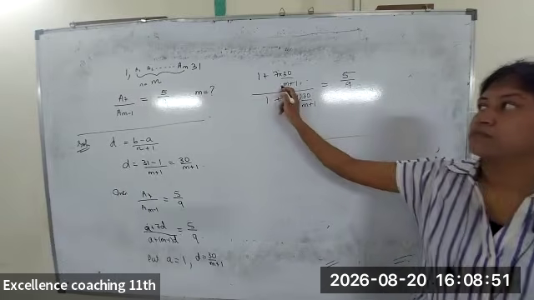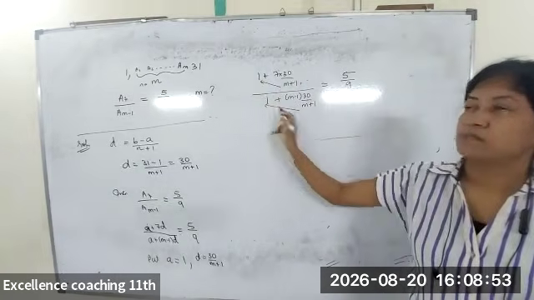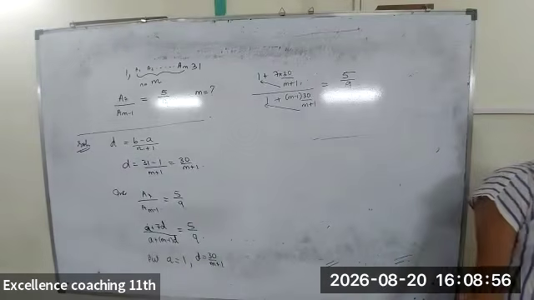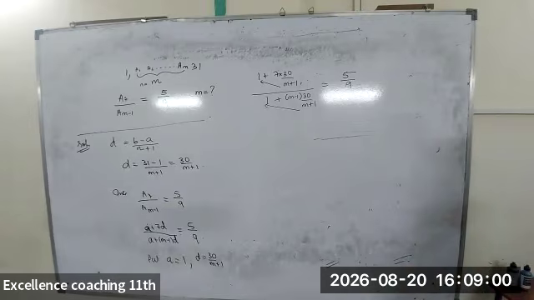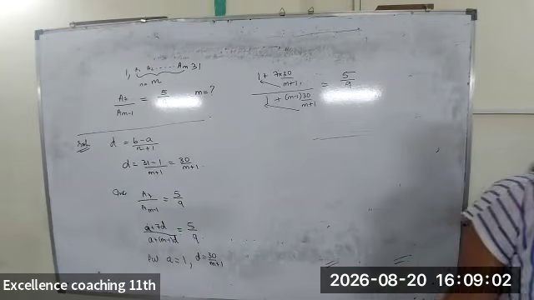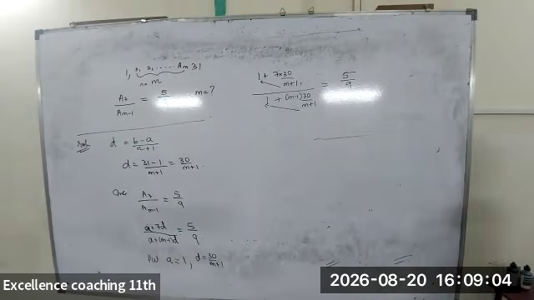And now cross multiply. Done for the next one; the other way around you have done.